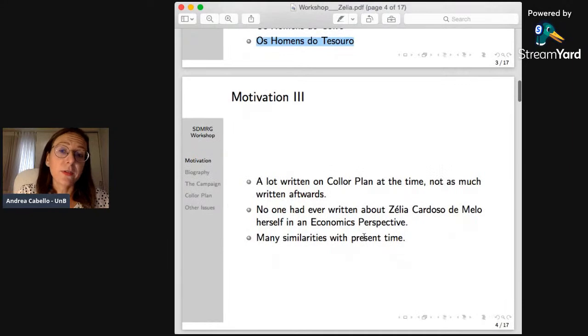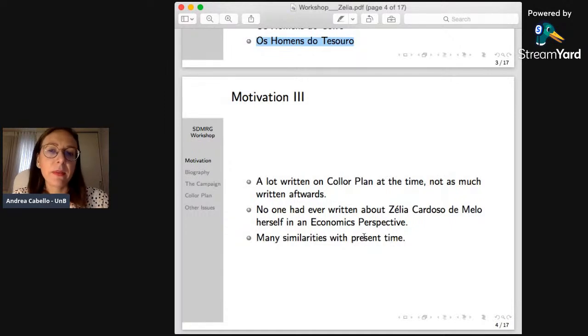And the third motivation is a more, I would say, scientific one: a lot was written about the Collor Plan at the time that it was proposed and executed, and not much written afterwards. My colleague at the university, Alexandre Andrade, actually has a very good paper on the Collor Plan and its reception.